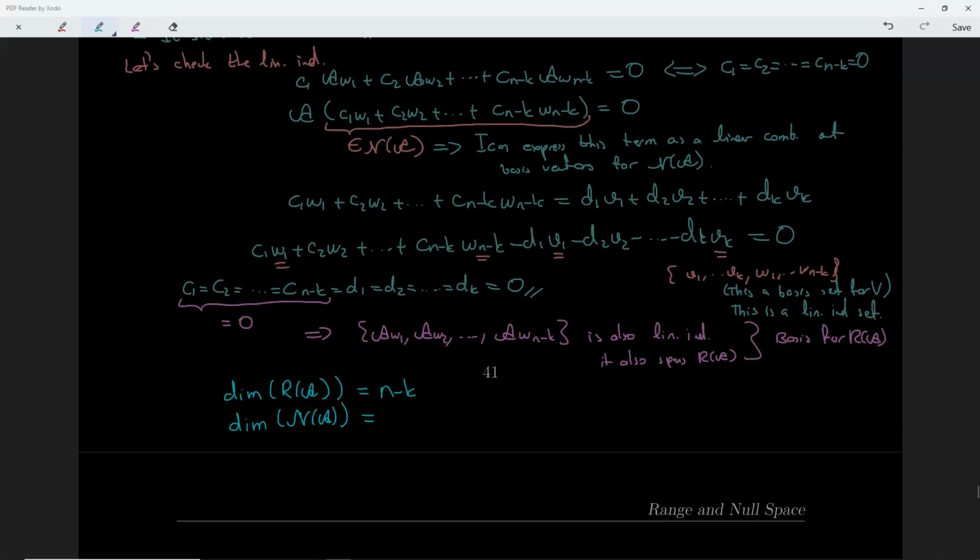Remember, only v1 to vk was the basis, so we specified the dimension of the null space as k. And from there, the dimension of the null space of a linear transformation plus the dimension of its range space is equal to the dimension of their domain, which is n.